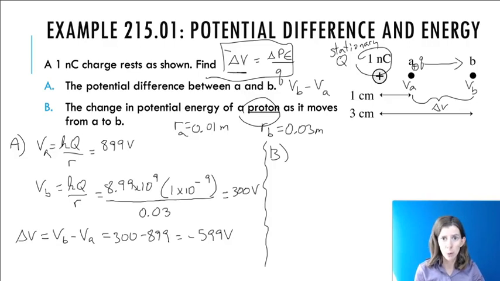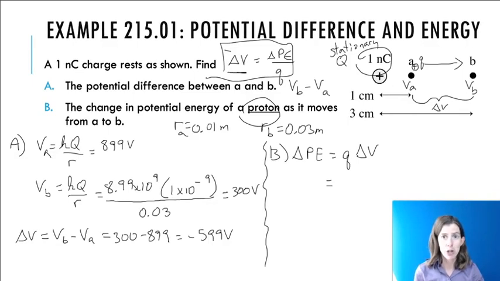So from this equation, we can solve for the change in potential energy by multiplying both sides by q, and we get q times delta V. So what we need to plug in is the charge and the potential difference. We know the potential difference is negative 599 volts. So do you know what the charge is? Can you think of it? Pause the video if you need to. So the charge is a proton.